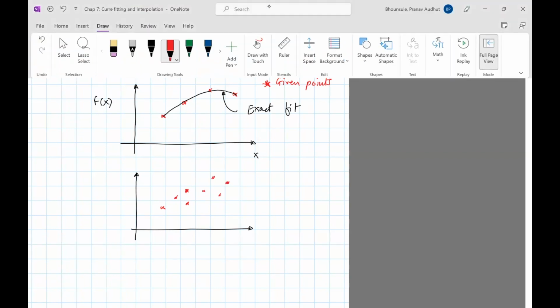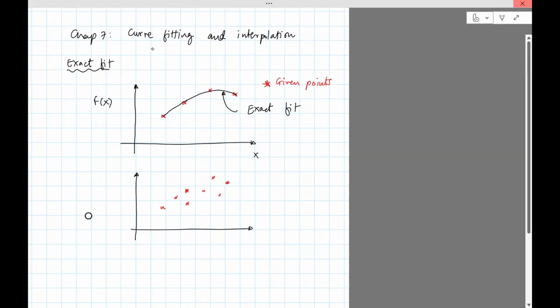Now, in this case, what you would do is try to find a best fit line, something like this. So it doesn't really pass through all of them, but it is the best line which can explain the data. So this is the inexact or approximate fit.